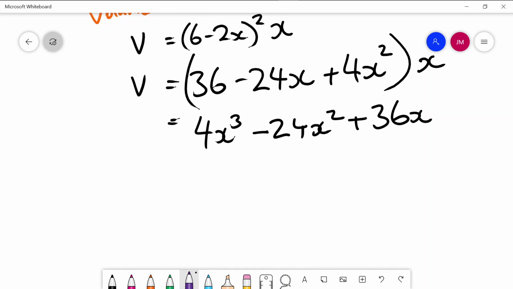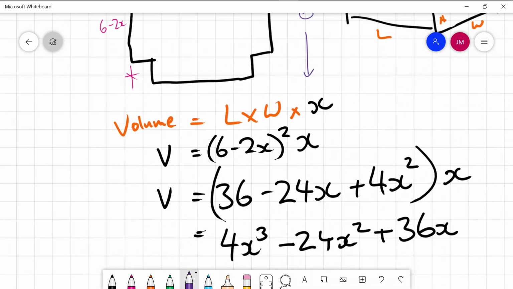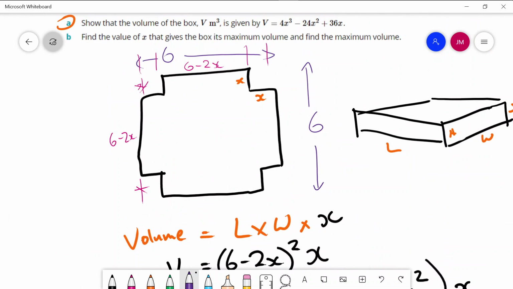Now the maximum is a stationary point, so we know the derivative dV/dx must equal 0. So max when dV/dx equals 0. Now, key thing to remember before we start here is 6 minus 2x, for this to be a physical thing that we build, the maximum value of x can't exceed where we're going to end up chopping off more than we started with.